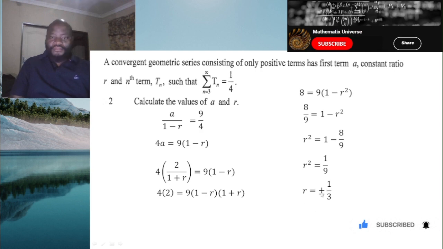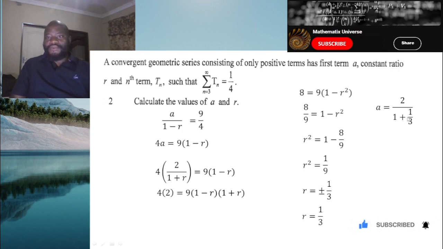Now, r cannot be negative in this problem because they told us from the start that we only have positive terms in this sequence. So it means r is 1 over 3. Now to get a, since we already have the formula for a, we know a is 2 over 1 plus r. We can go and substitute the 1 over 3 for this r there.